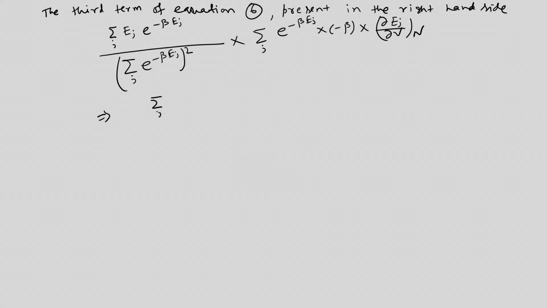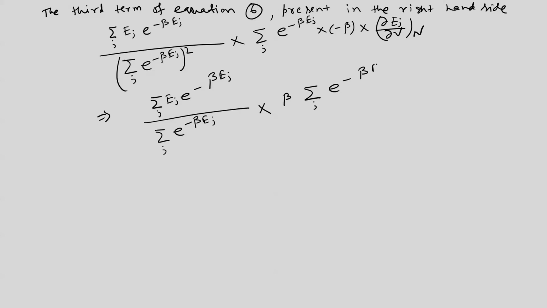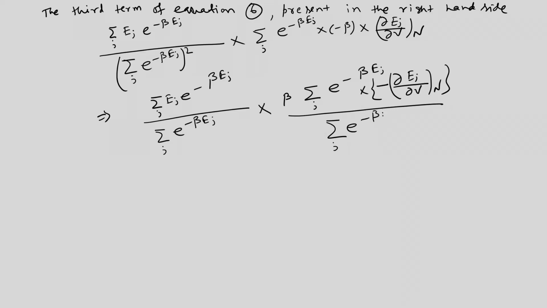We can write sum over j E_j e to the minus beta E_j by sum over j e to the minus beta E_j, times beta we can take out, minus of times minus of del E_j by del V at constant N by sum over j e to the minus beta E_j.